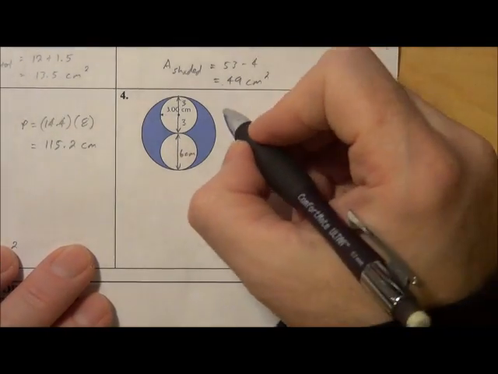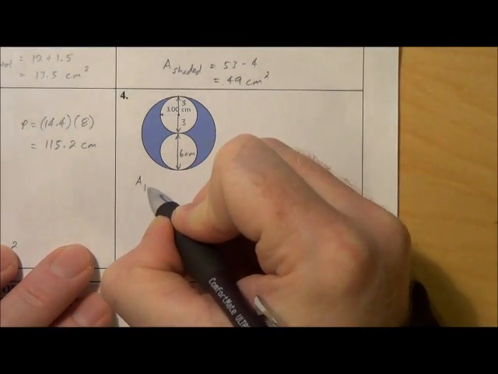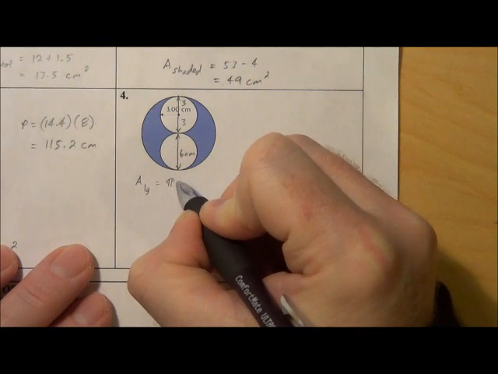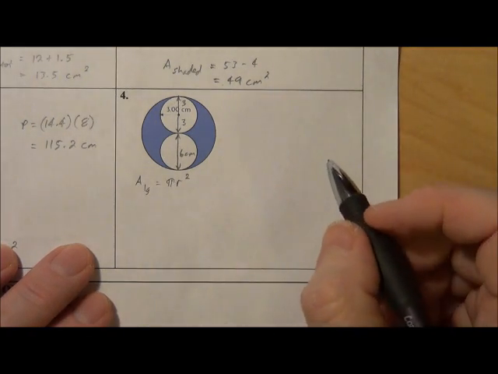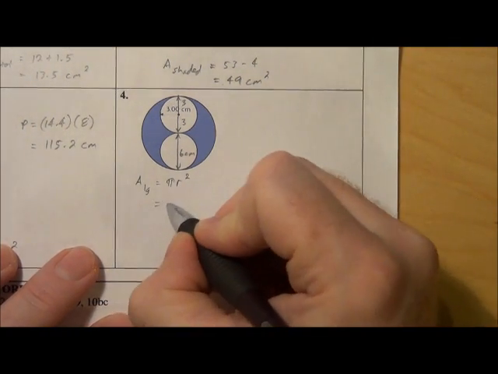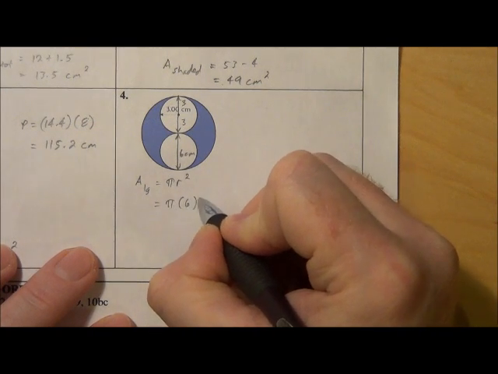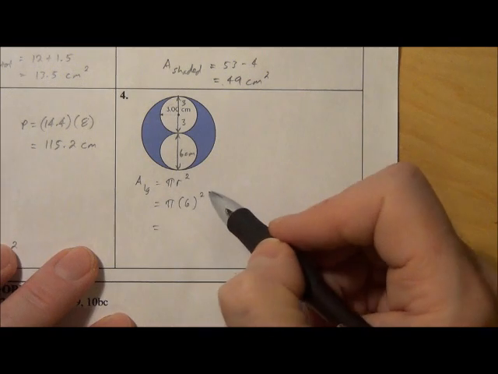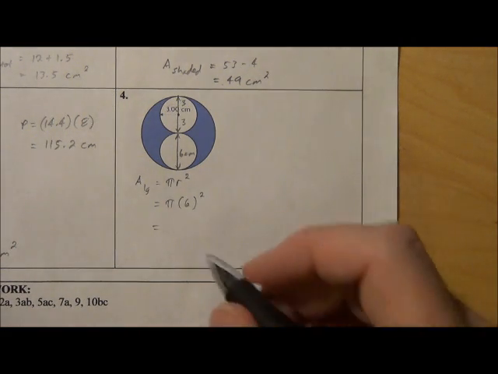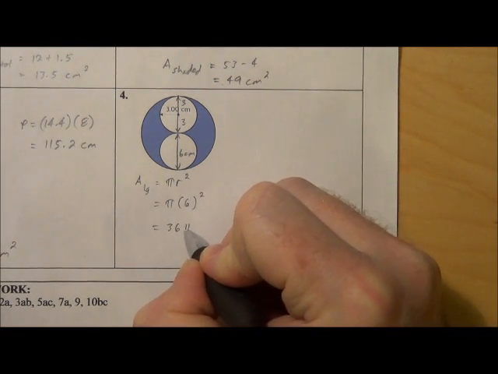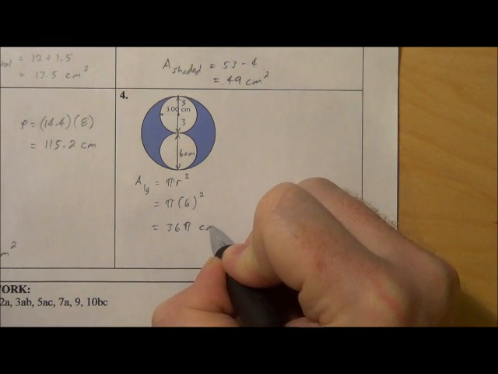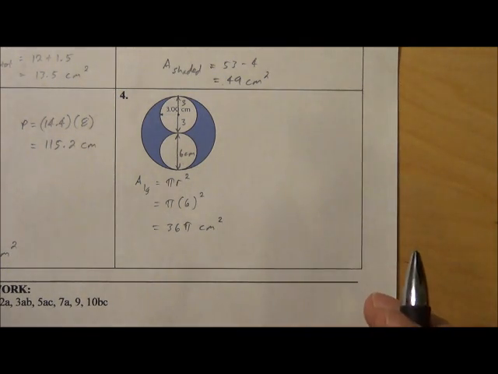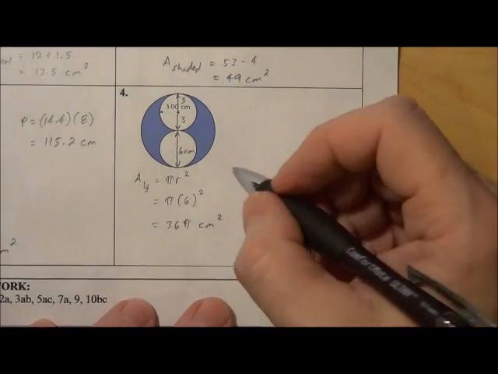So then, if we want to find the area of the large circle, the formula for the area of circles is pi r squared, and we'll just substitute 6 in there, because that's the radius of the large circle. And I'm just going to leave this in terms of pi for now, because I don't really feel like multiplying by pi and getting all these decimals right now. I'll do that later on.